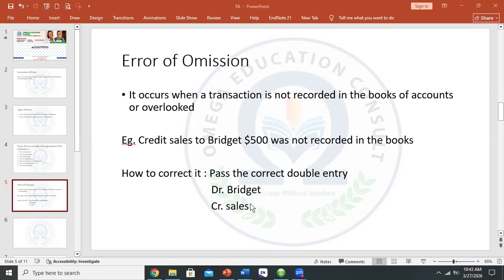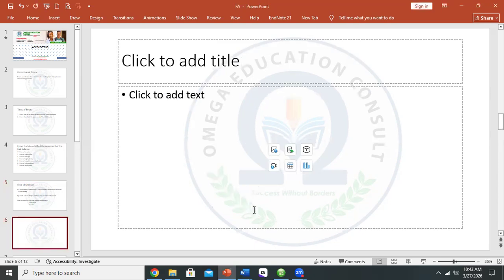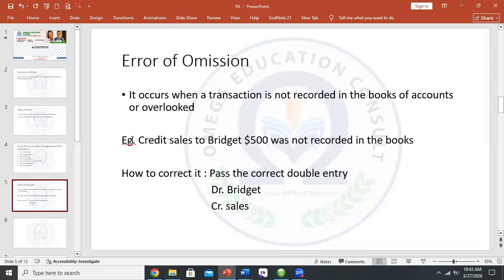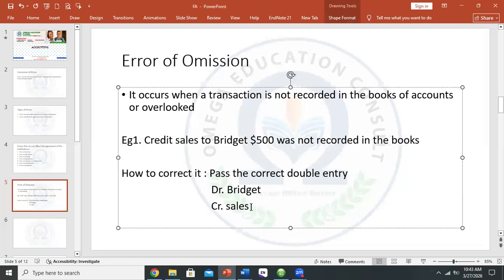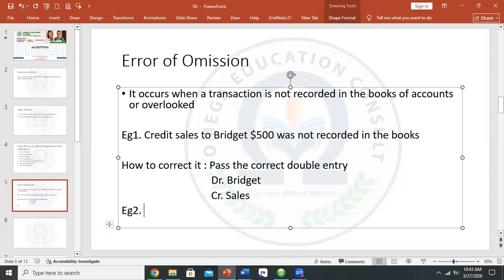So maybe let me give another example so that professors can also try. So this is example 1. Example 2. Let me add dates to it.